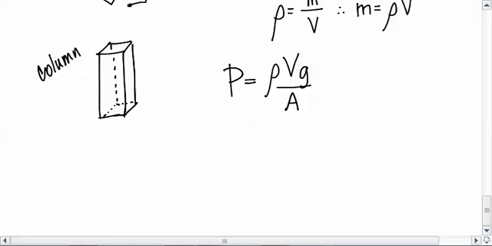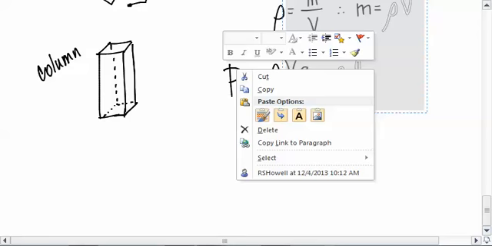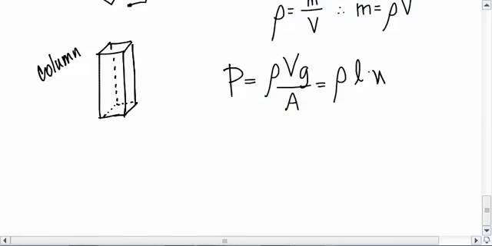Okay, so let's make some substitutions for our volume and our area in terms of the shape of this object. So density, we'd have length times width times height times g. Can't leave him out. And area would be what? Length times width?